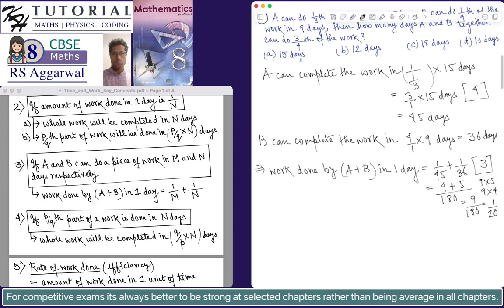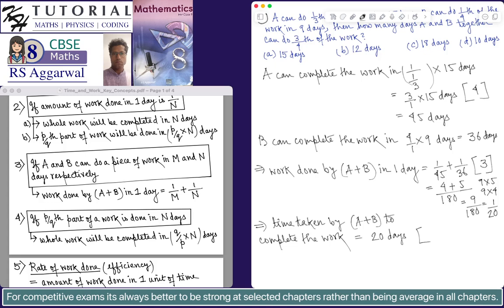So now we can say that time taken by A plus B to complete the work, that is complete the whole work, will be equal to 20 days.